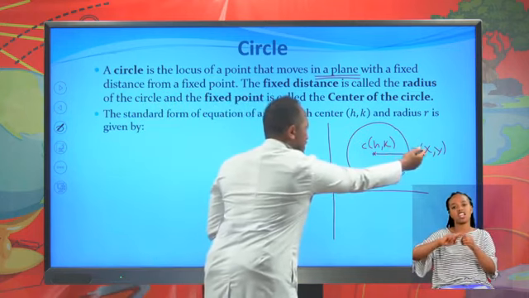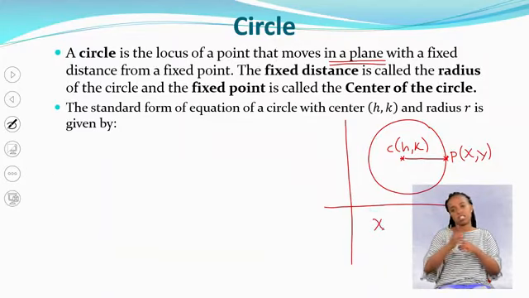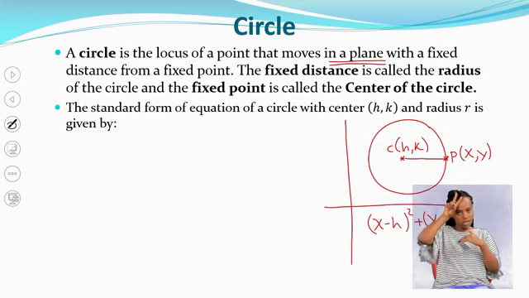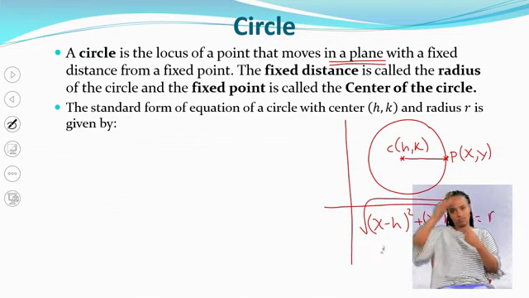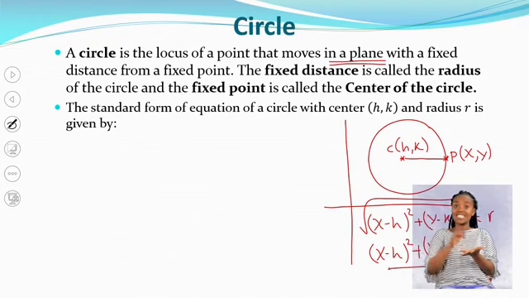Therefore, using the distance formula, the distance between these 2 points is the square root of (x minus h) the whole squared plus (y minus k) the whole squared, and this gives you the radius. So squaring both sides, you will have (x minus h) the whole squared plus (y minus k) the whole squared equals r squared.